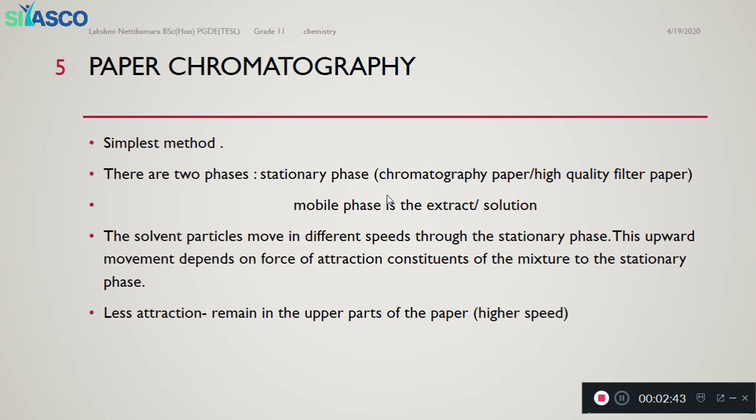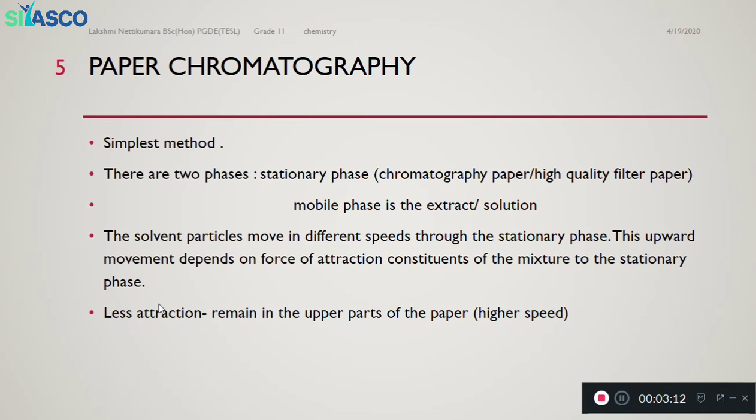Here the solvent particles move at different speeds through the stationary phase. This upward movement depends on the force of attraction towards the constituents of the mixture by the stationary phase. Because of this, when there is high attraction, you can understand the speed of the particles will reduce.